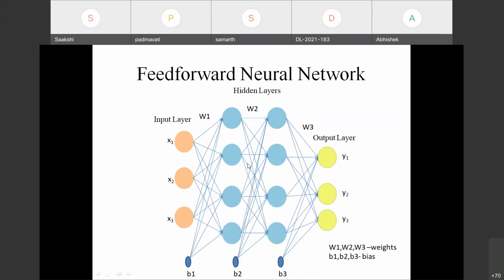Here b1, the bias term, is always added to increase the flexibility of the model so that my data is fitted properly, right? For that sake, we add different bias terms in the neural network. Fine.